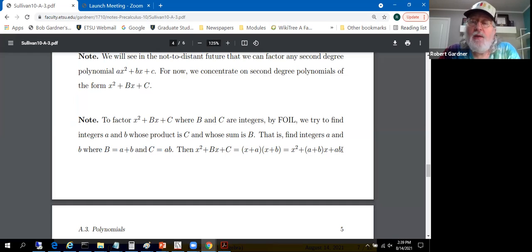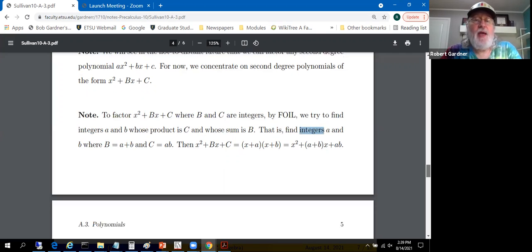But we're requiring a times b equals C, so we'll get a capital C there, and a plus b equals capital B, so we'll get a capital B here. That's exactly what we were looking for: x squared plus capital BX plus capital C. That's what we'll have if we can find a and b satisfying this condition. And for now, everything's integers. That's going to change at some point, but for now, integers.